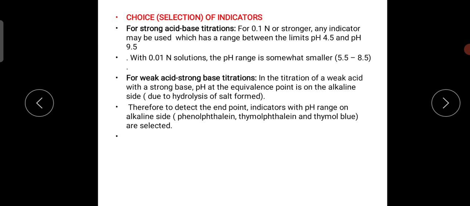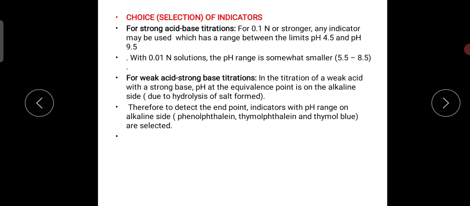Then, the choice or selection of indicators. For strong acid and strong base titrations, we can use any indicator in the range 4.5 to 9.5. But for 0.01 normal solutions, where the pH change will be slightly smaller, the range is 5.5 to 8.5.